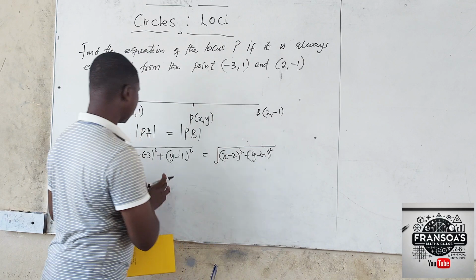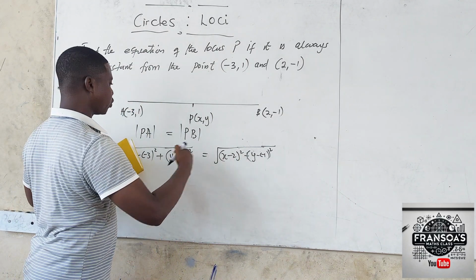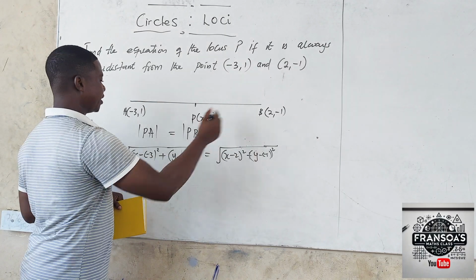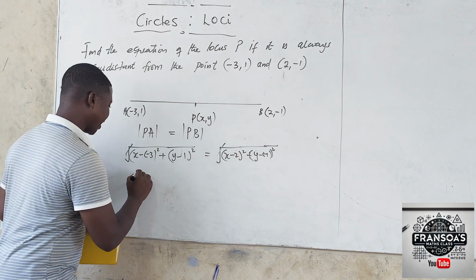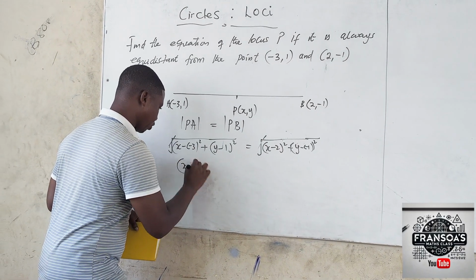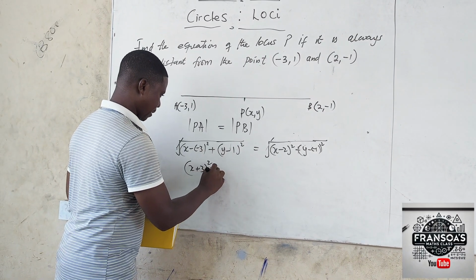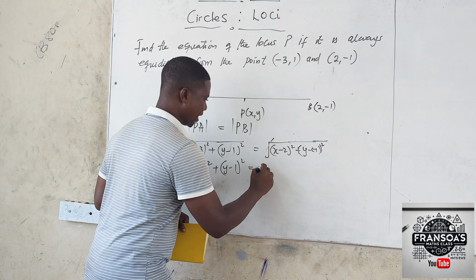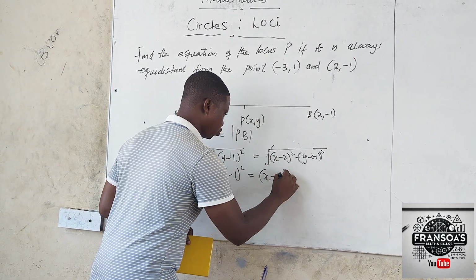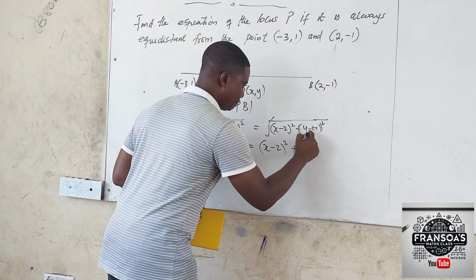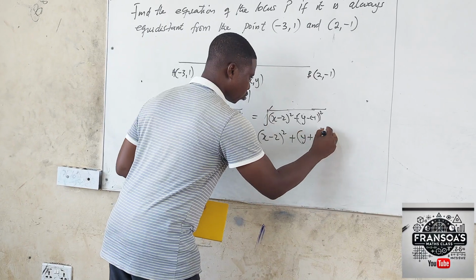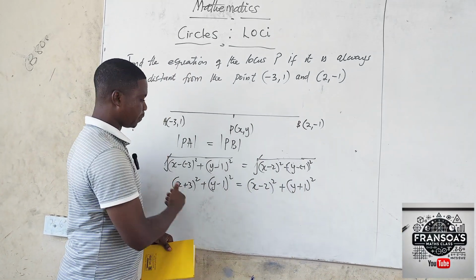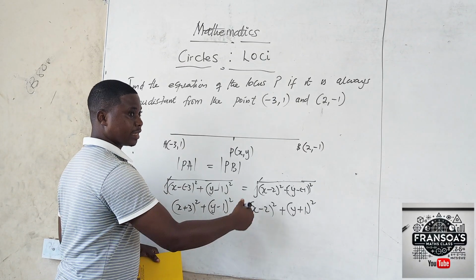Because you have square roots on both sides, squaring both sides, the square root will go. So we have x plus 3 squared plus y minus 1 squared equal to x minus 2 squared plus y plus 1 squared. We need to expand both sides.